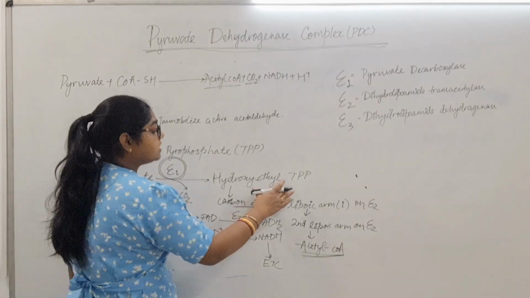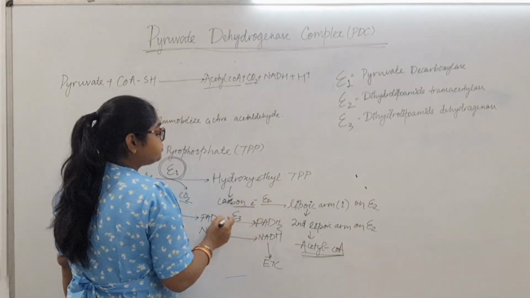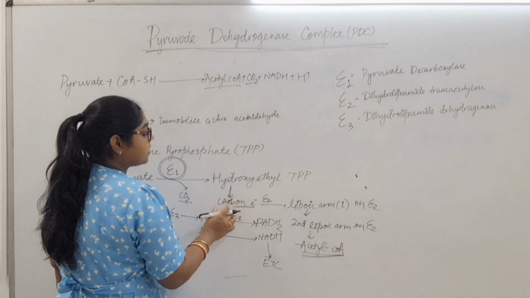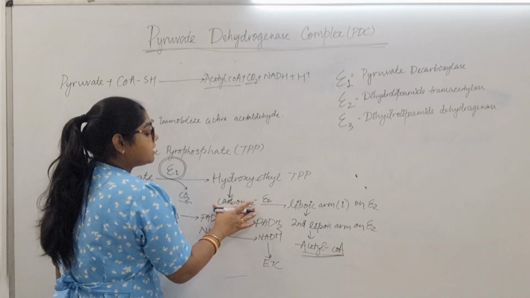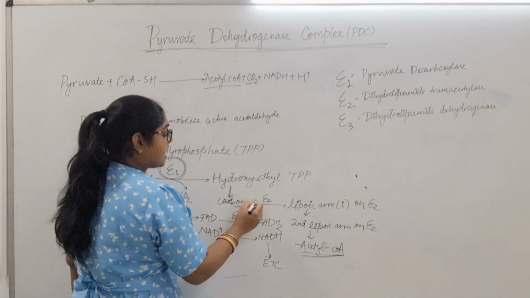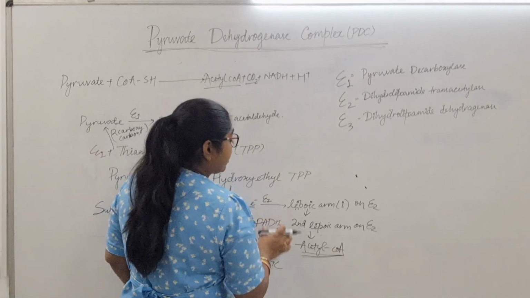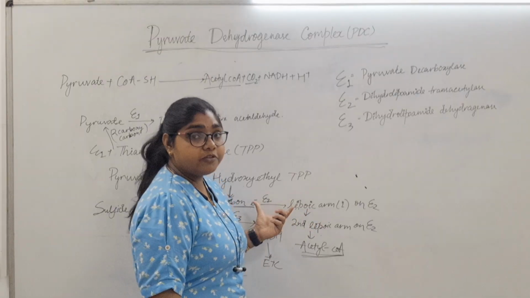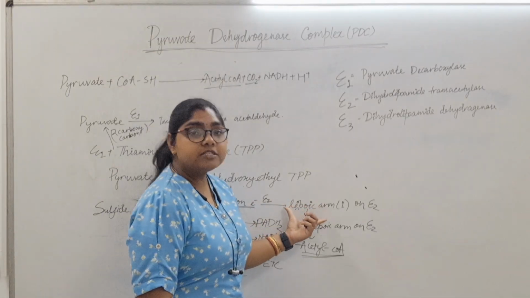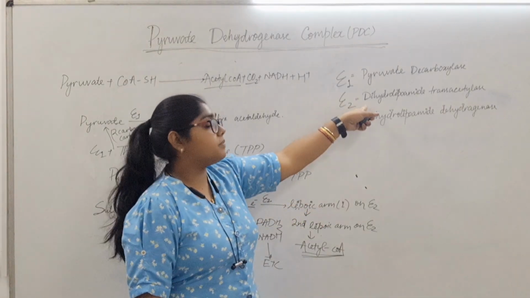Then this hydroxyethyl thymine pyrophosphate transfers the acetyl group, which will form a bond with the first lipoic arm on the E2 subunit.